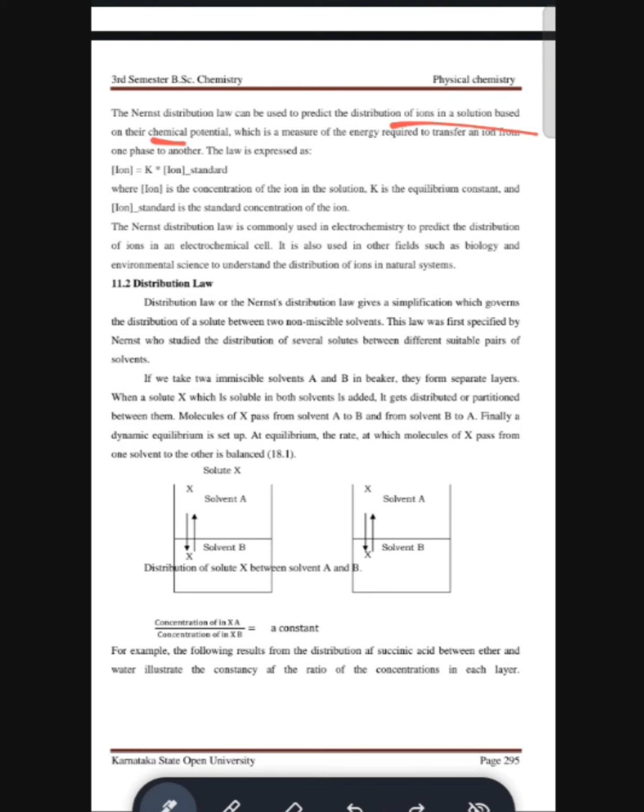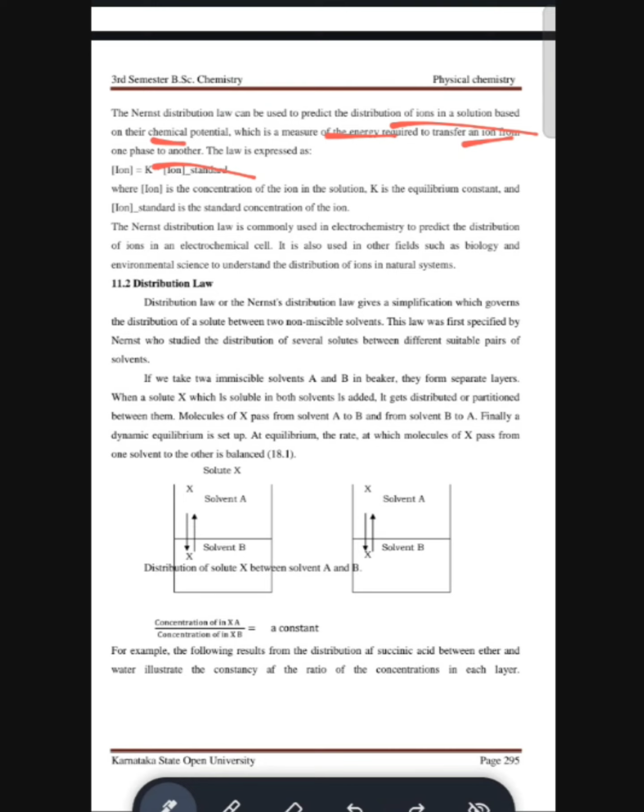Phase means from solid to liquid, liquid to gas. So energy is needed to transfer from one phase to another phase. That is the Nernst distribution law.